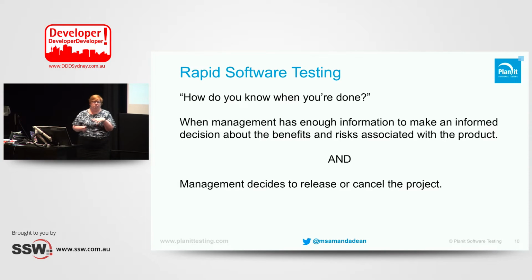Now, this isn't defining testing, it's defining when testing is done. However, it does drive a lot of my own personal philosophy around testing. So they talk about how do you know when we're done? When management decides it has enough information to make an informed decision about the benefits and risks associated with the product, and they decide to release it or reject it.